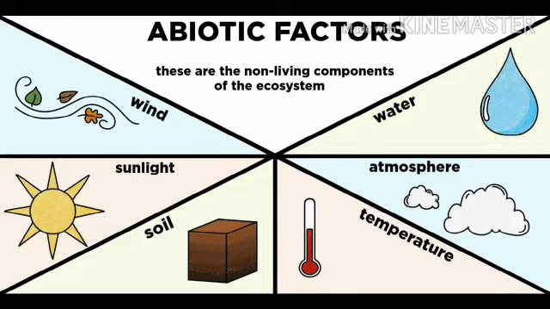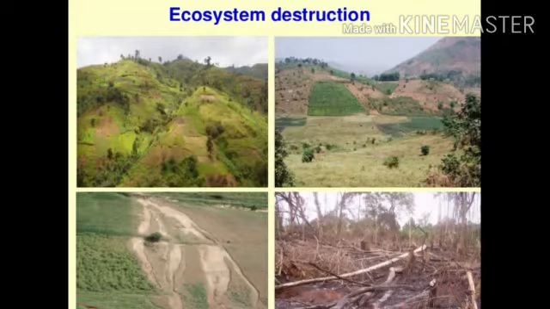Now we are going to see the destruction of ecosystem. In recent times, there has been rapid economic growth in India and also in several other countries, and this affects the ecosystem. The main causes of ecological damage are as follows.